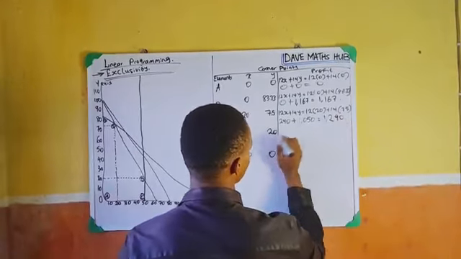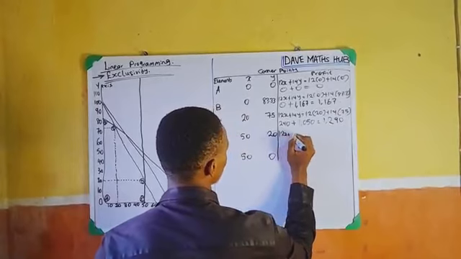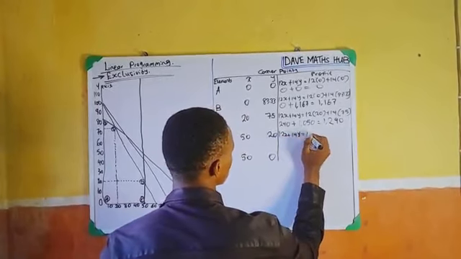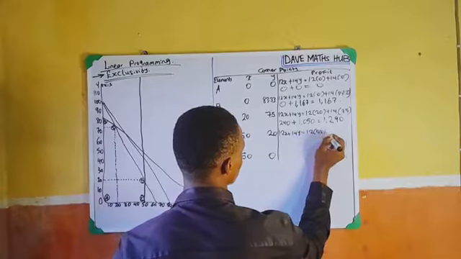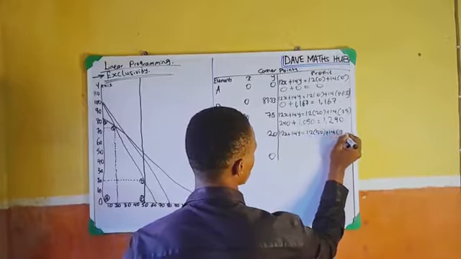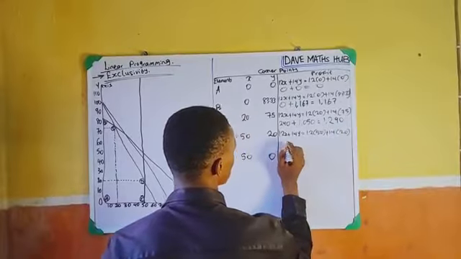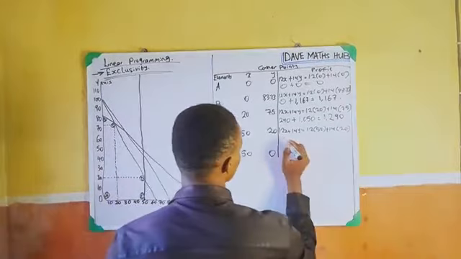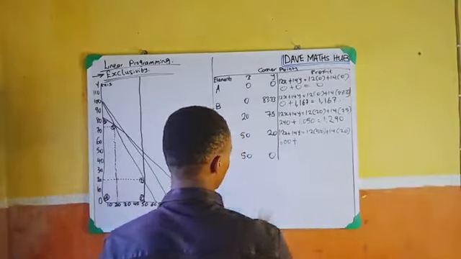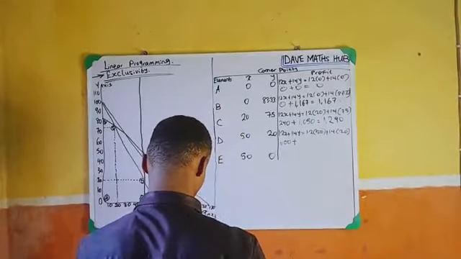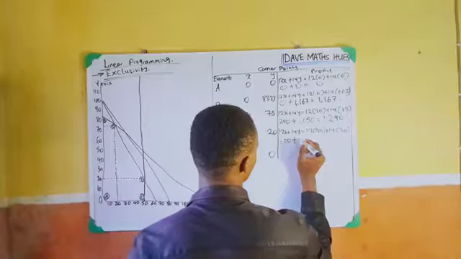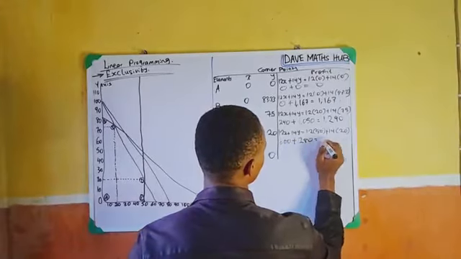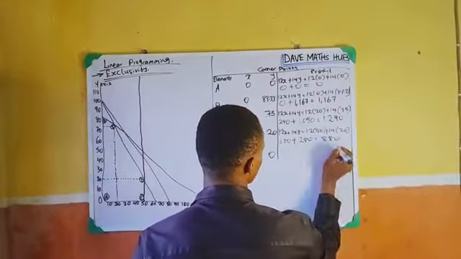So 1050 plus 240 gives us 1290. Then for this, 12x plus 14y equals 12(50) plus 14(20), equals 12 times 50, 600, plus 14 times 20, 280. This gives us 880.